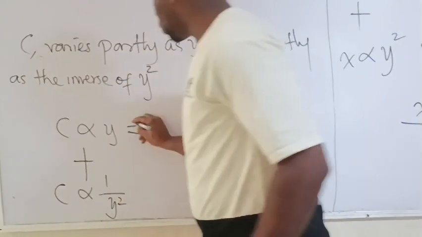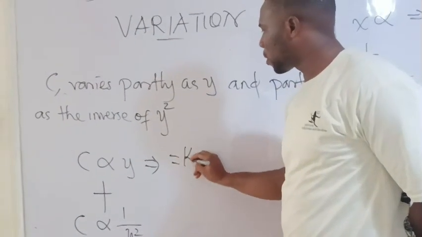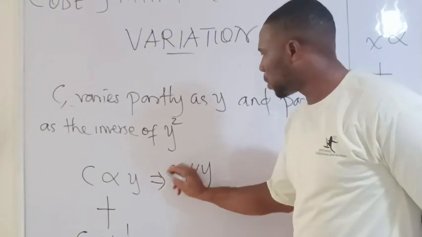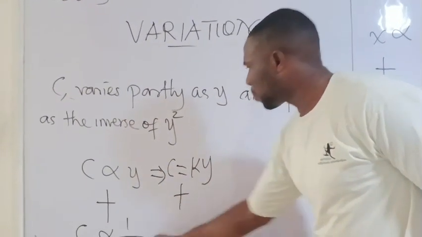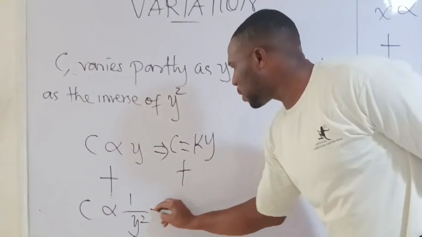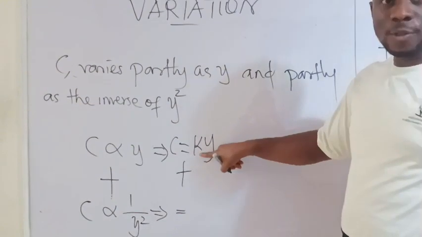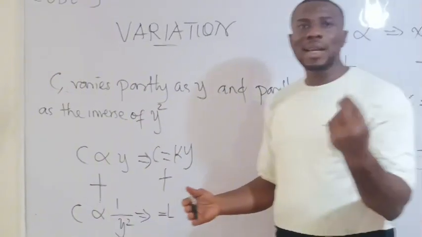So this will boil down to this: I could replace this sign with an equals to followed by a constant of proportionality. I have a y on the right and I have a c. This is the first statement. Then followed by the and, I could replace this sign with an equals to now followed by a constant which is somewhat different from the k. So I could use L for my convenience. You are free to use any letter of the alphabet.